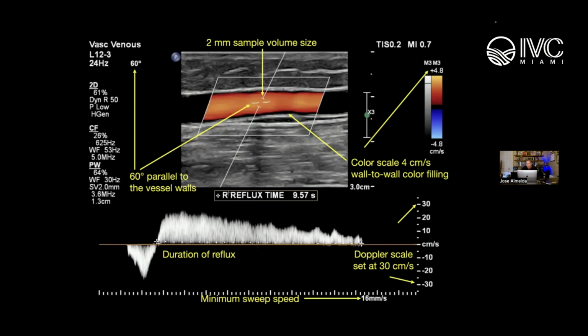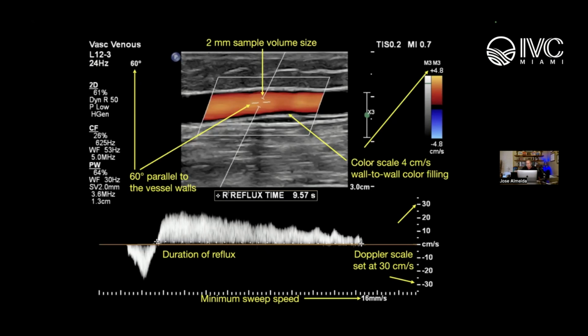In this example, the top of the bar is kind of yellowish, representing a higher frequency, up to 480 centimeters per second if it were yellow, which it's not. But if you really want to measure velocity, time, speed, and duration of reflux, I think spectral Doppler is the easiest way to go. That's why it's right underneath. And just use the color as a way to tell towards or away from the probe.